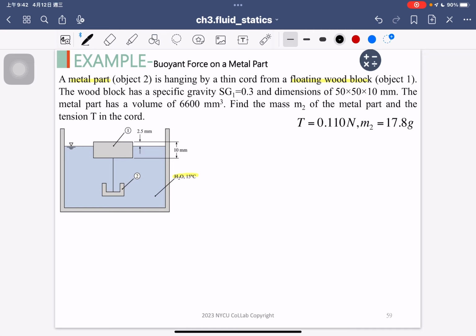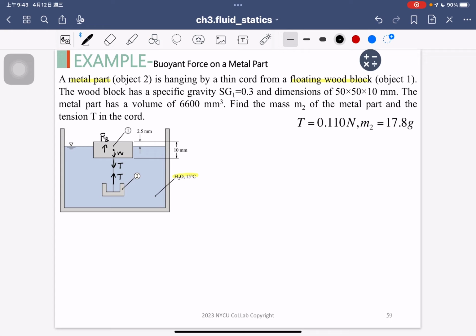First we have the weight, which is going down. This is the weight caused by the floating wood. And we should have FB, the buoyant force, which is the upward force. Then this is a cable line, and the cable will give a downward tension force, and we have the opposite tension force for object 2.